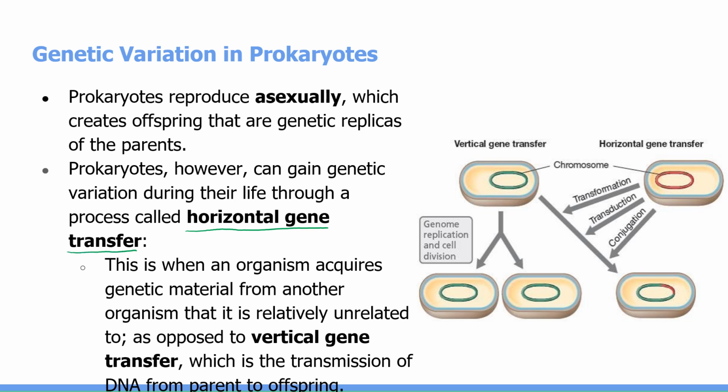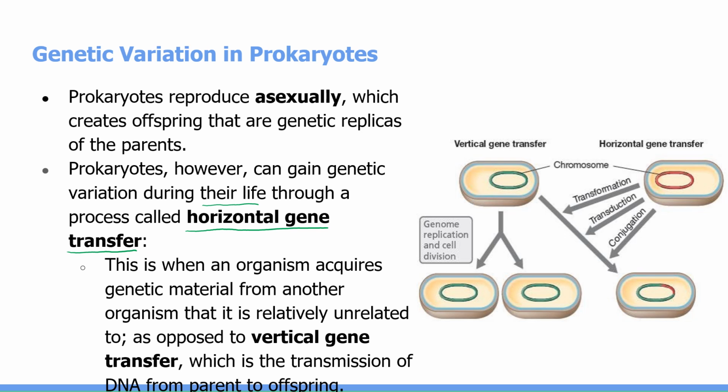This process can be done during their life. This is when an organism acquires genetic material from another organism that is relatively unrelated, as opposed to vertical gene transfer, which is the transmission of DNA from one parent to the offspring.